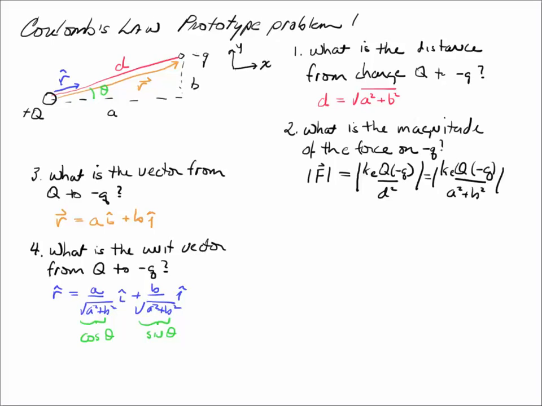And both those, if I look at my angle theta, form cosine theta, which is the adjacent A over the hypotenuse D, and the sine theta, which is the opposite B over the hypotenuse D.